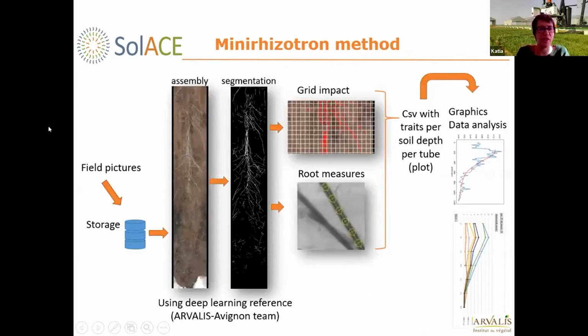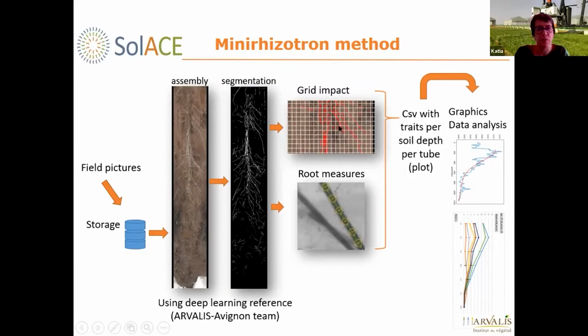So the method is, we are taking pictures in the field. We store them, and then we assemble the pictures to have a whole profile, and after we apply the segmentation using deep learning to detect each root in the image, and to separate root from the soil.